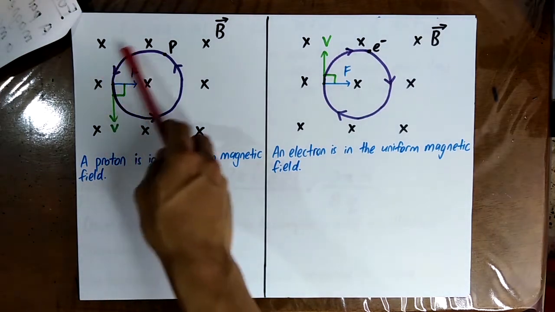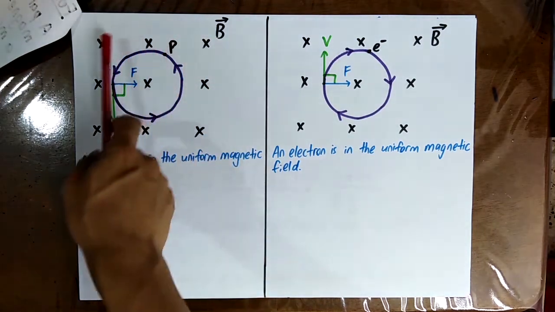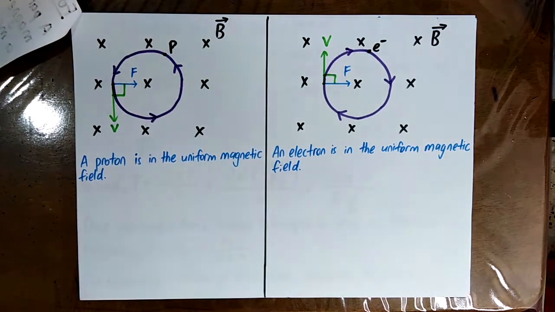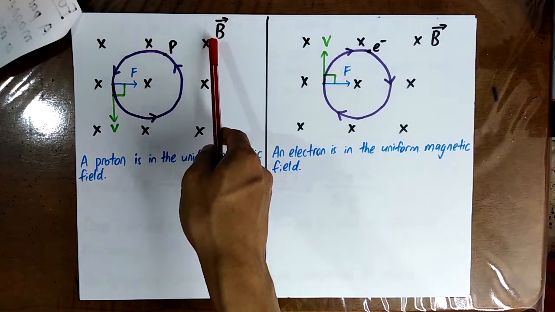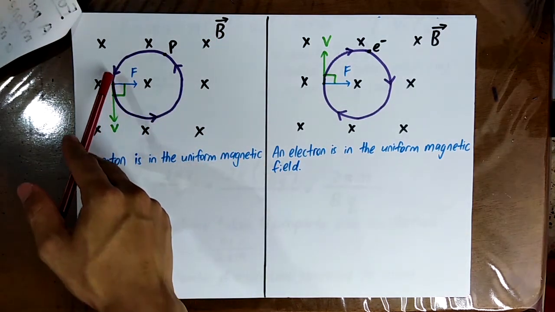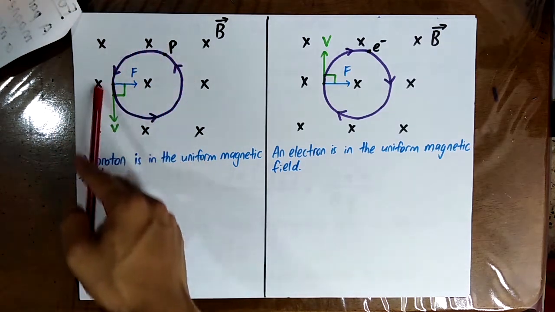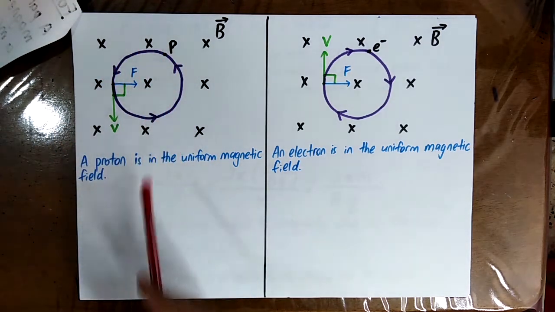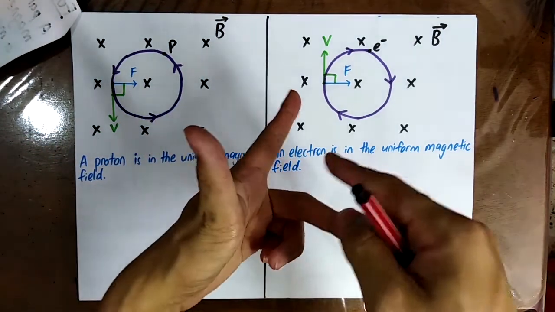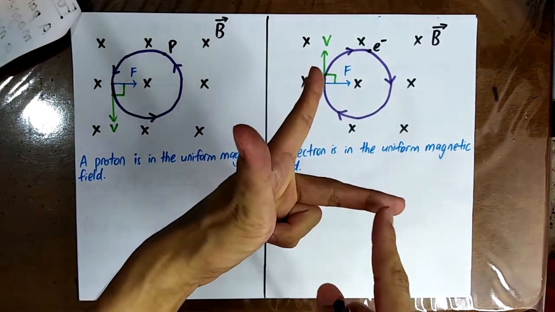so now if a proton comes perpendicularly into a region of uniform magnetic field, that means that now the magnetic field is into the page, and then the proton is moving here. Then the proton will move in a circular path. You use Fleming's left hand rule. That means that this is your thumb, this is your first finger, and this is your second finger.